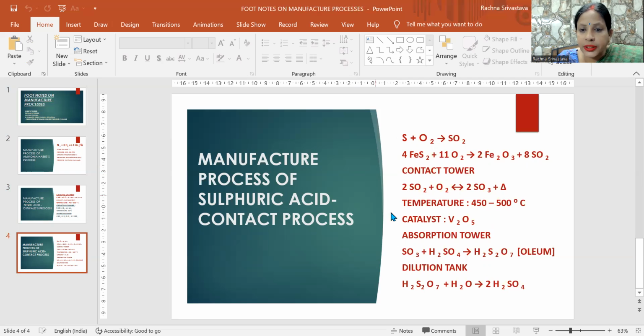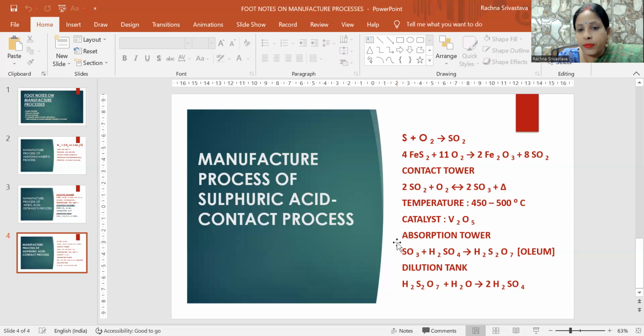Now here comes the reasoning part. Your sulfur trioxide can easily dissolve in water and form H2SO4, but we are using an alternative method. The reason is that if you absorb sulfur trioxide directly in water, it will form H2SO4, but the reaction will be highly exothermic in nature and abundant heat will be evolved, which can become a reason for a fatal accident.